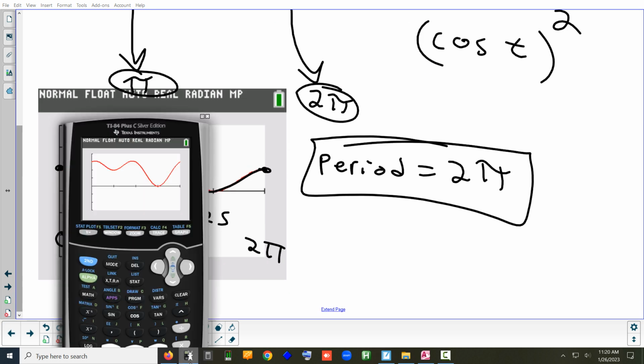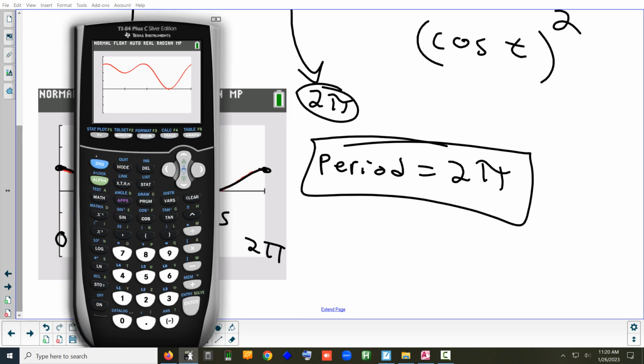Okay, so we have to figure out how many times it crosses the x-axis. How many times does it look like it crosses? Once. I'm going to zoom in just to check it. There's no question that it doesn't cross in any other spot other than pretty close to where I just put my cursor. So let's zoom in there and see if it goes below and then back up.